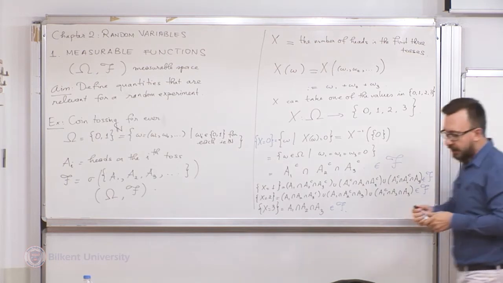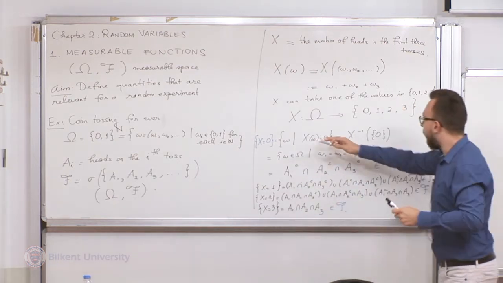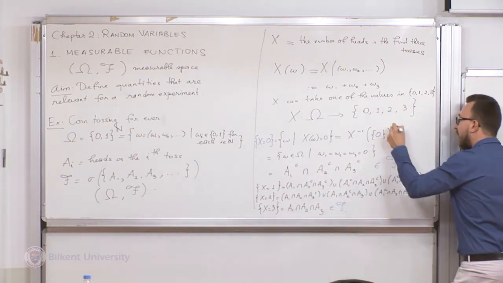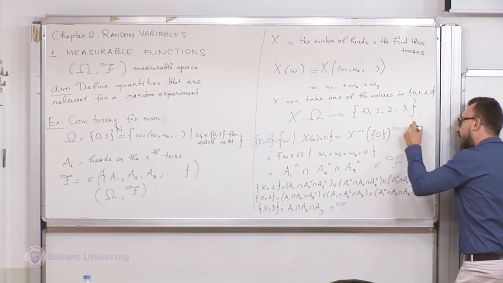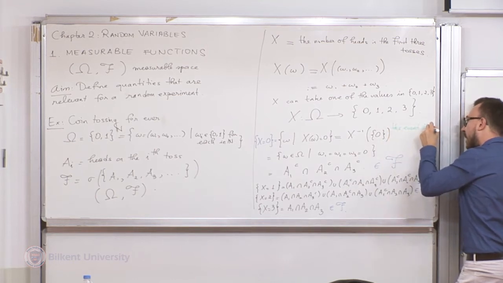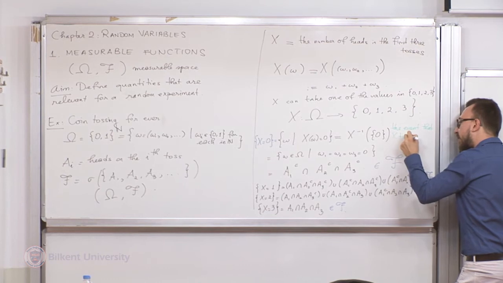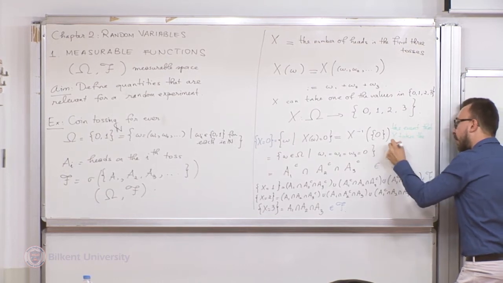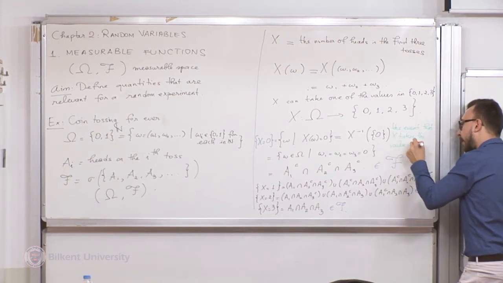Let me say here that we give this event a name. So this is the event that X takes the value 0.